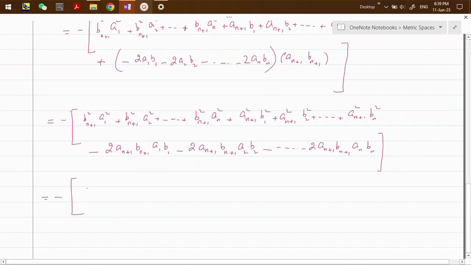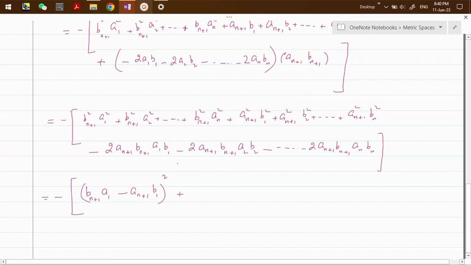So I shall write bn plus 1 into a1 minus an plus 1 into b1 whole square. Similarly, this term bn plus 1 square into a2 square and an plus 1 square into b2 square, and this one, they will make a complete square.